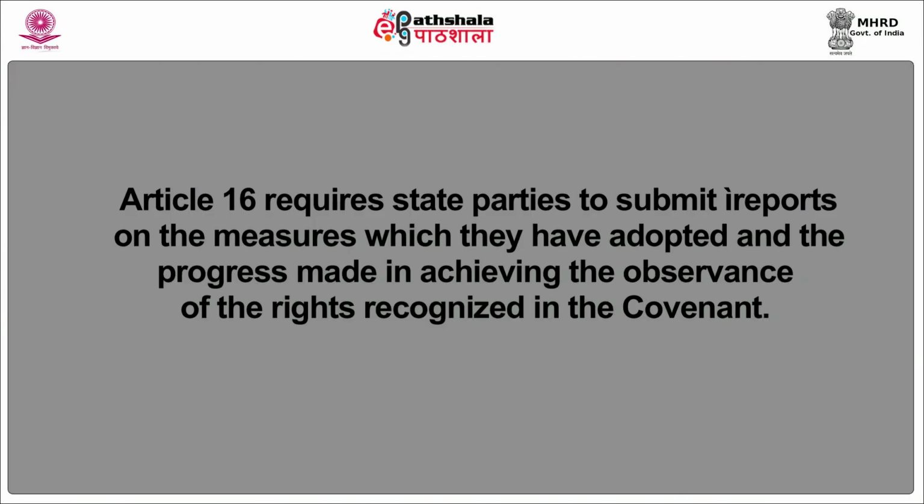Articles 17 and 16 of the ICESCR set forth the Convention's enforcement mechanism. Article 16 requires state parties to submit reports on the measures which they have adopted and the progress made in achieving the observance of the rights recognized in the Covenant.